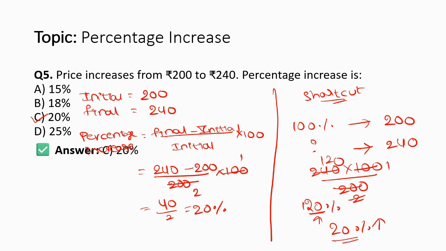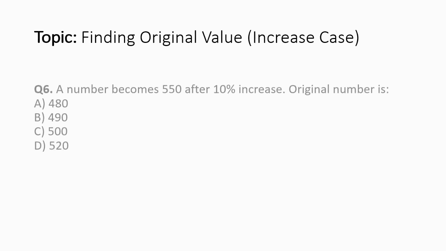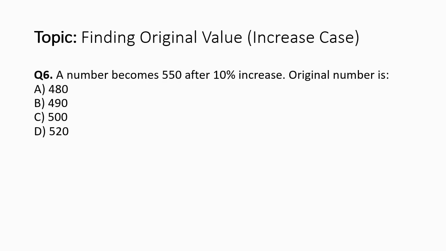Okay, and the next one is finding the original value in the case of increase. A number becomes 550 after a 10% increase. Here we don't know the original number, so we need to find it. Let's assume the original number is x. The number becomes 550 when it is increased by 10%.